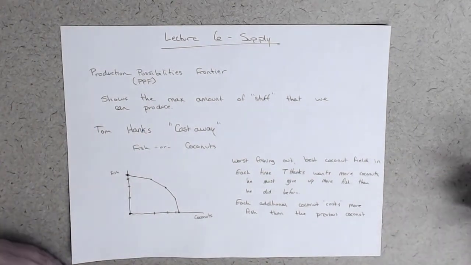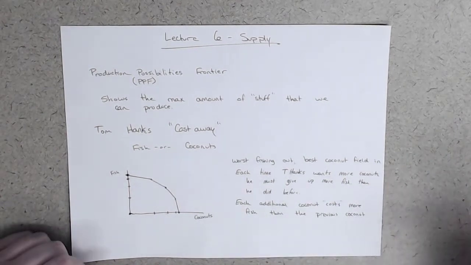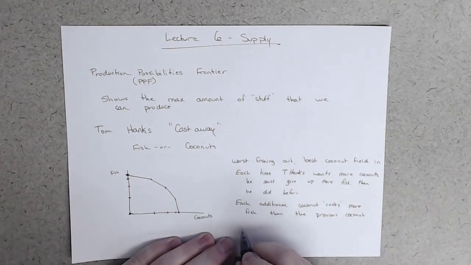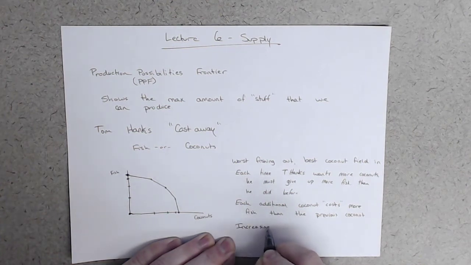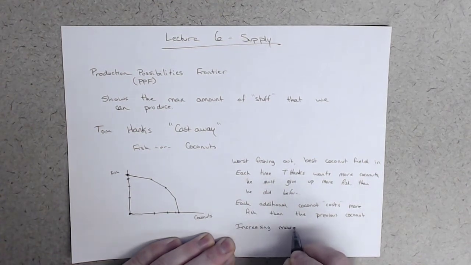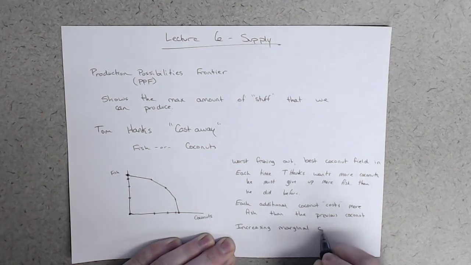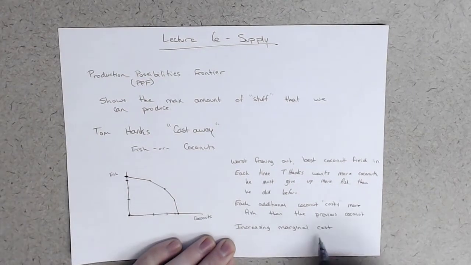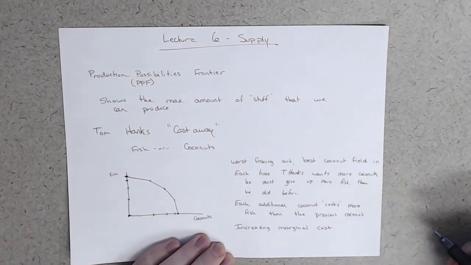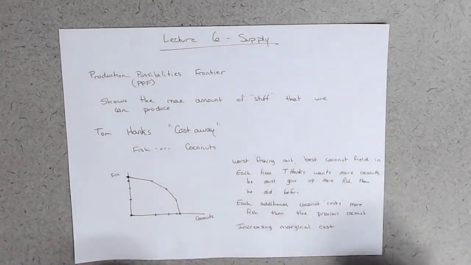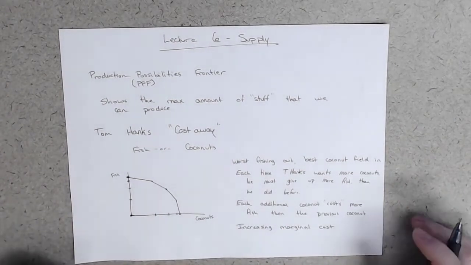Each time he gets another coconut, he has to give up more fish than the last time, right? And what this is showing us is the idea of increasing marginal cost, right? The marginal cost of each coconut is more fish, is increasing in terms of fish.